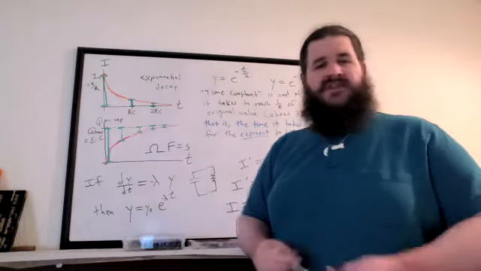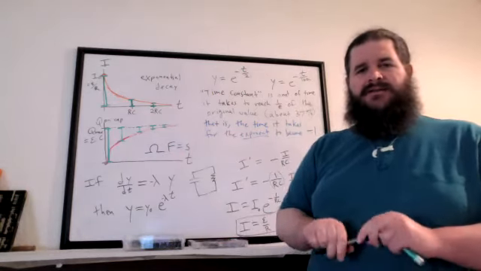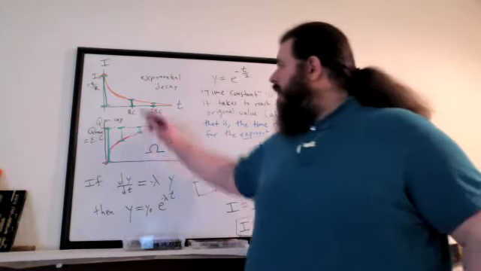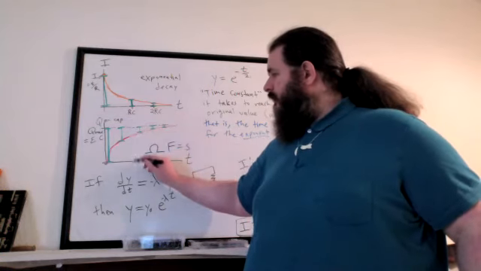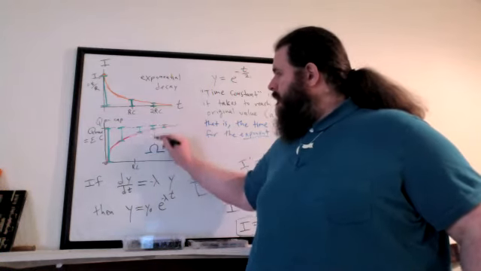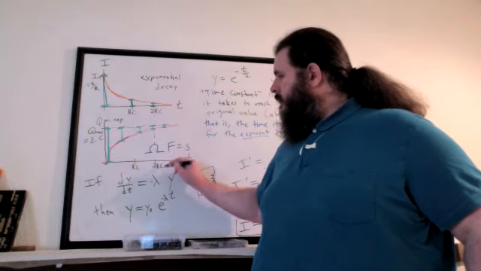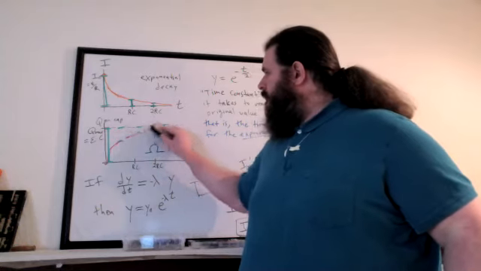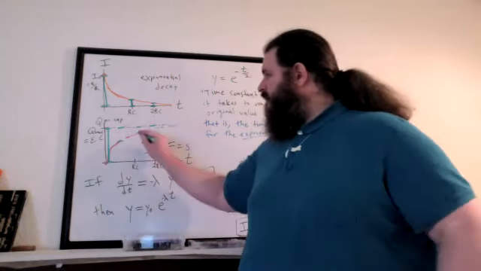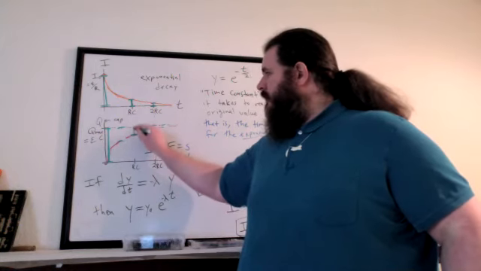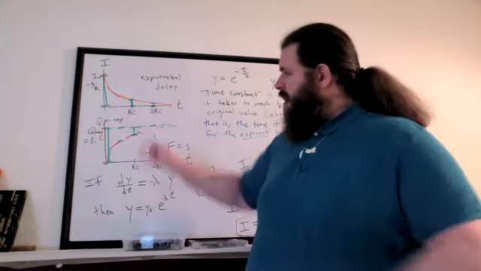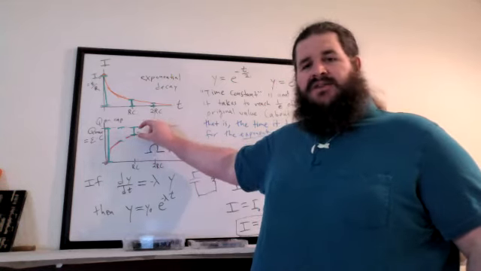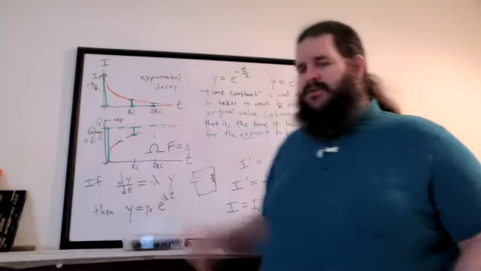And the charge should have the same time constant. Every aspect of this system that's decaying has the same time constant. It's decaying at the same rate. So the charge also has a time constant of RC. After one time constant, the amount of charge is going to be a certain value such that this difference, not the amount of charge, but the difference between the charge right now and the asymptote is exactly 1 over E of the original difference.